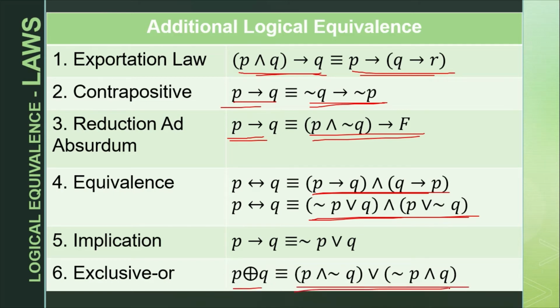You take note of the pattern. So look, not P or Q conjuncted with P or not Q. So exclusive OR is different. P and not Q is disjuncted with not P and Q. Now, we can rearrange this so it matches the one above. Or, we can have not P and Q or P and not Q. So you check.